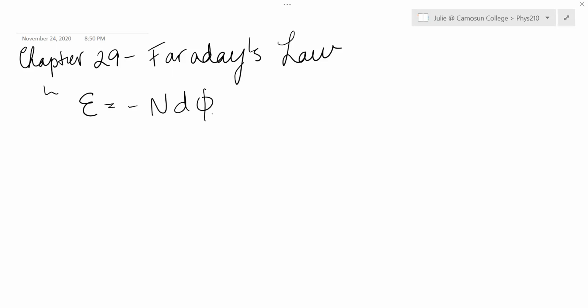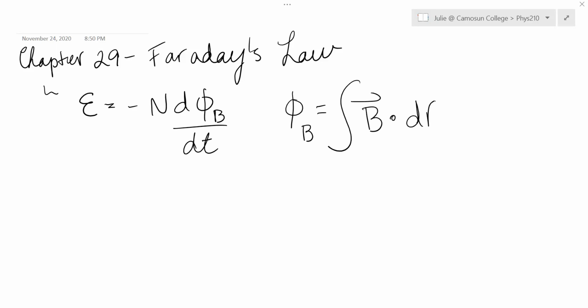Looks like this, where phi is the magnetic flux, exactly analogous to the electric flux. It's basically the number of magnetic field lines passing through any given area. So what Faraday's law says, this is EMF, voltage in volts.